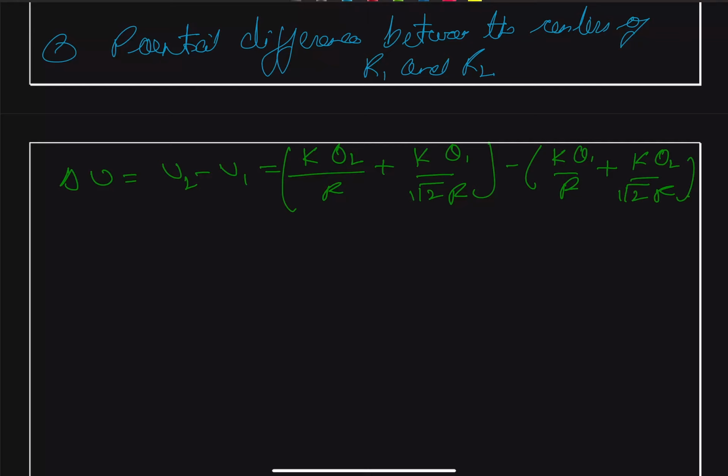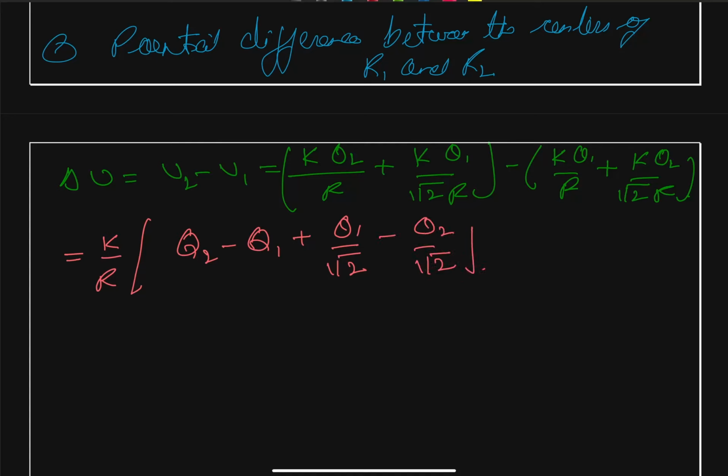K upon R we can take common throughout. So this comes as K upon R, and internally we are left with Q2 minus Q1 plus Q1 upon square root of 2 minus Q2 upon square root of 2.